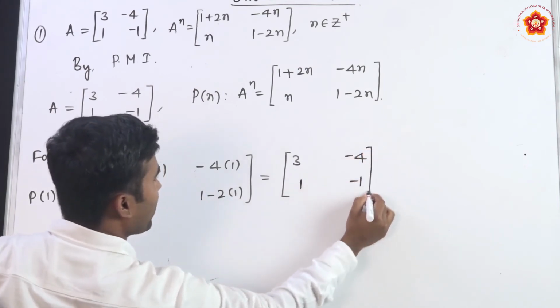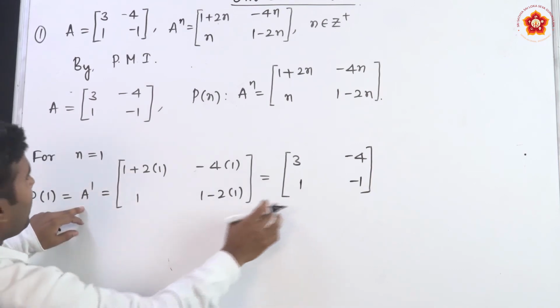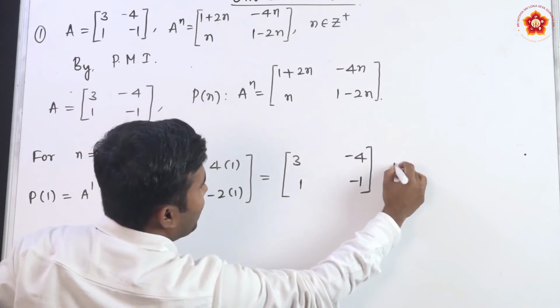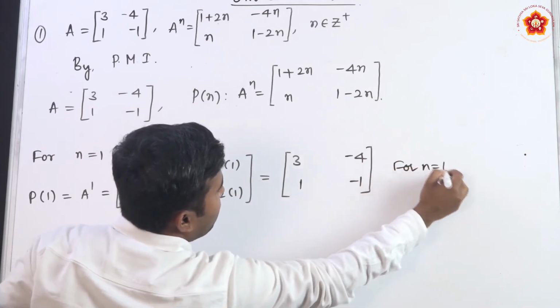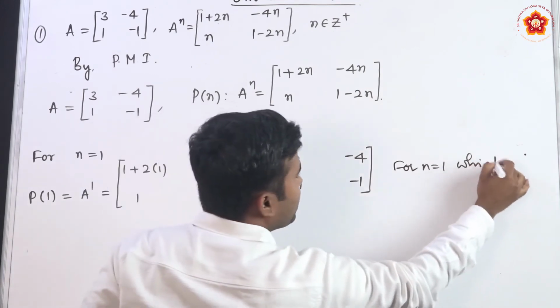Hence, it is true, right? See, what is this? A power 1 is A only, hence it is true with this one. Hence, we can say that for n equal to 1, it is true.